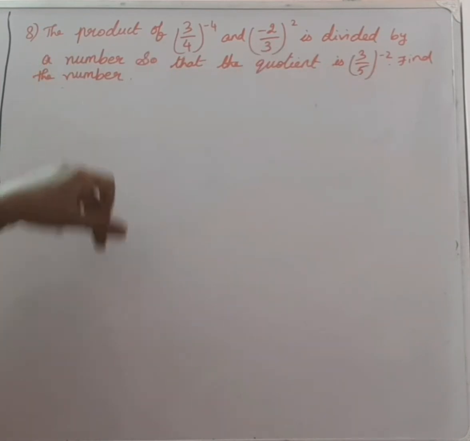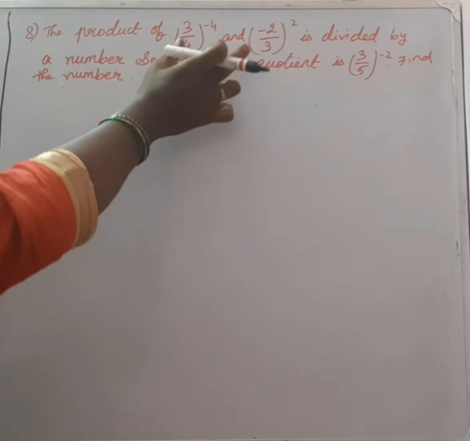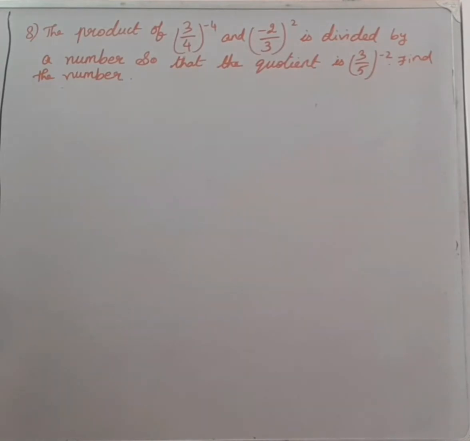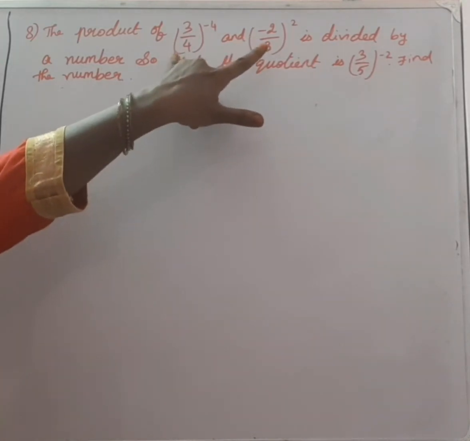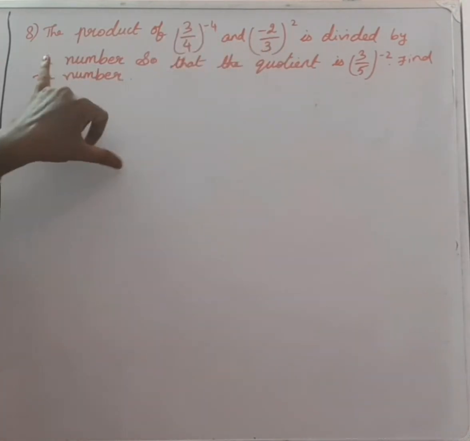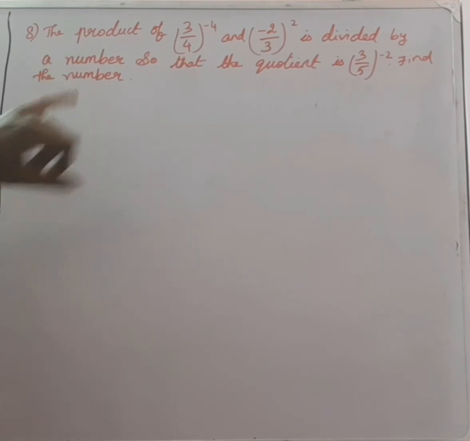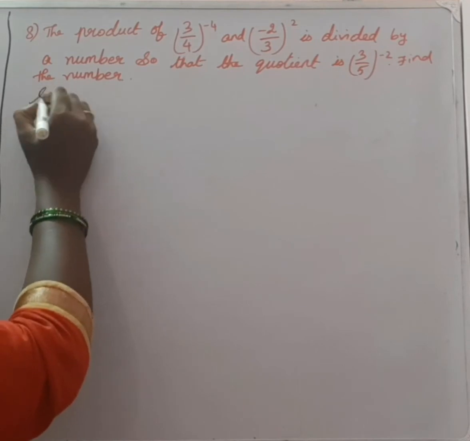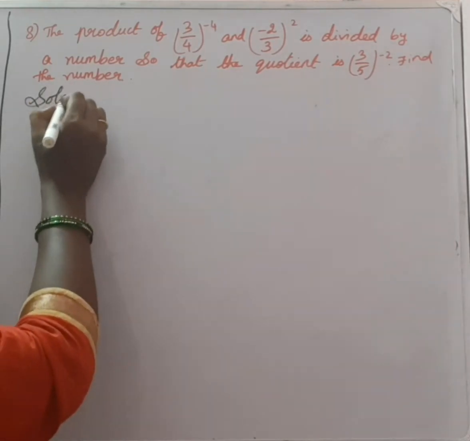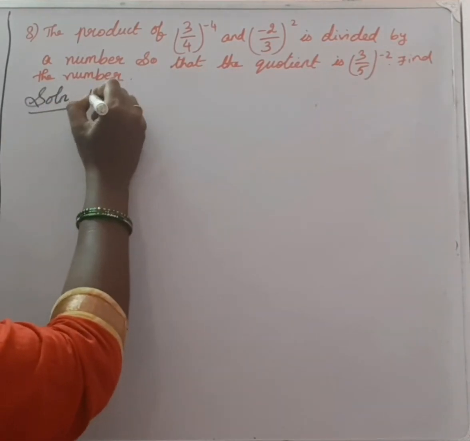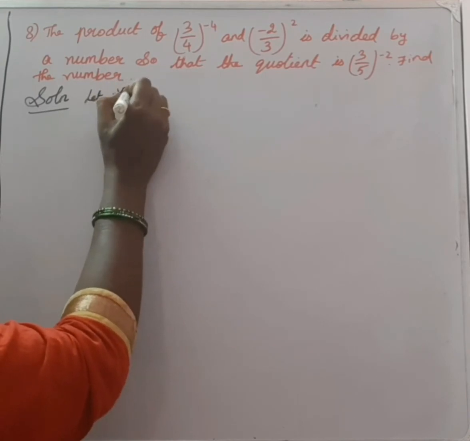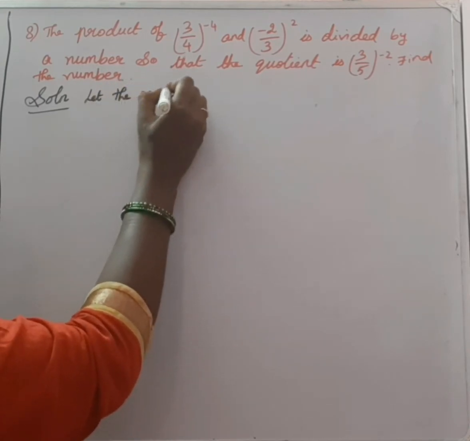Find the number. So here they have given two exponents, and the product of these two exponents is divided by a number. So let the number be x. So the first step is: let the number be x.